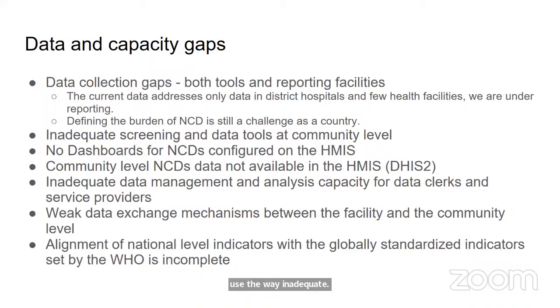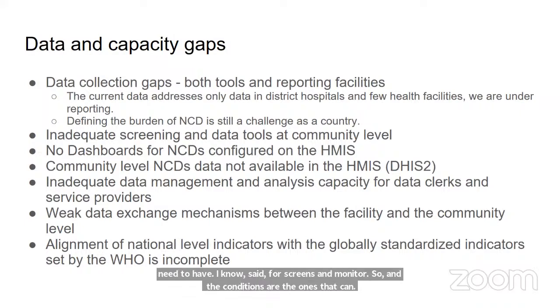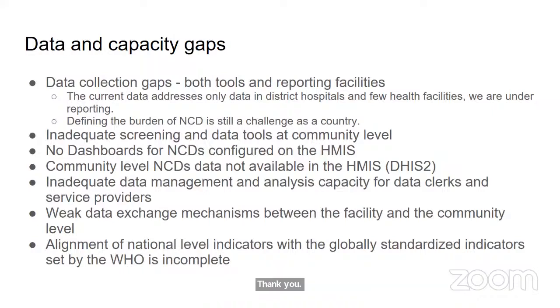I know cervical cancer is being screened and monitored through the reproductive health department. So for other conditions, we would like to have a very robust screening program for Malawi. But we have managed to train over 9,000 health surveillance assistants, and they have been equipped with glucometers and BP cuffs, and they are able to do the screening with the communities.